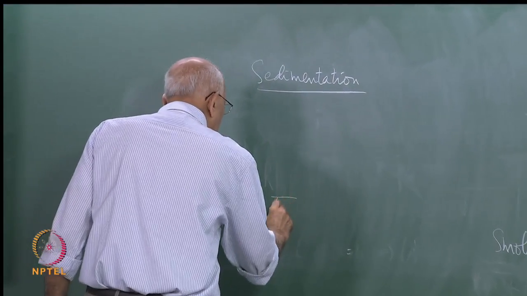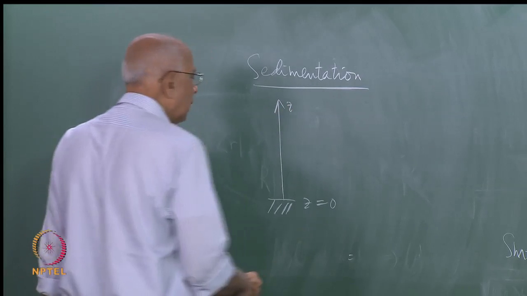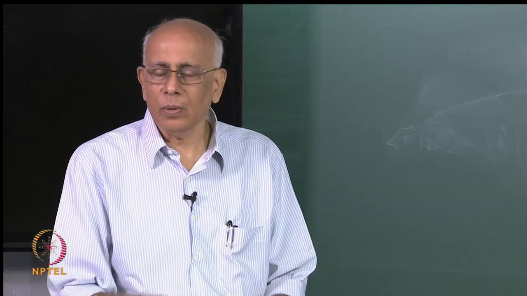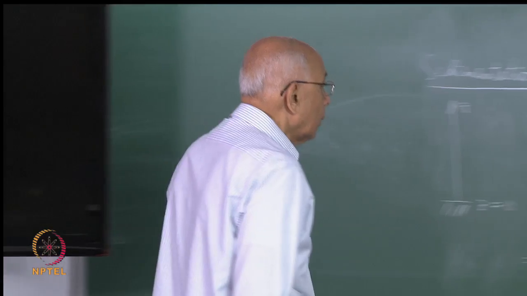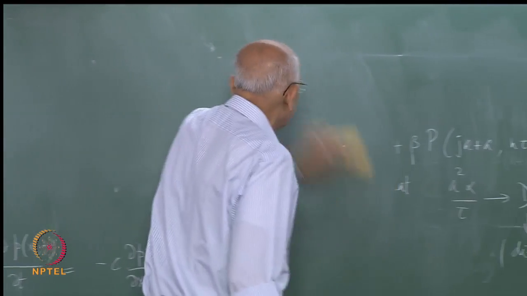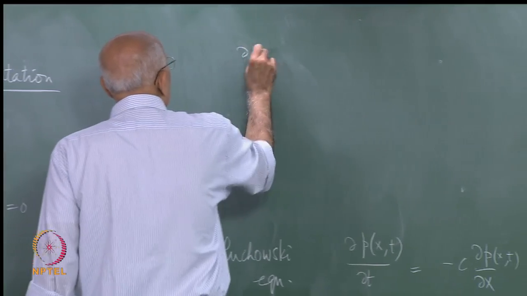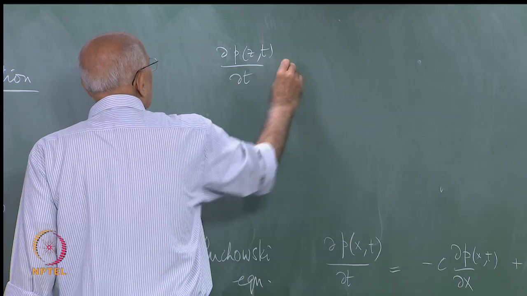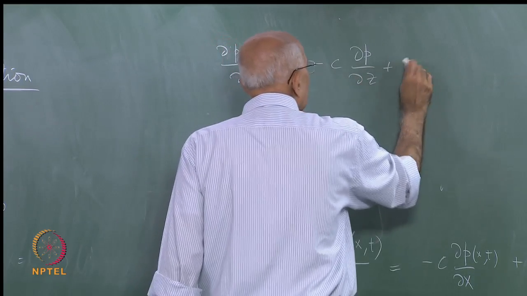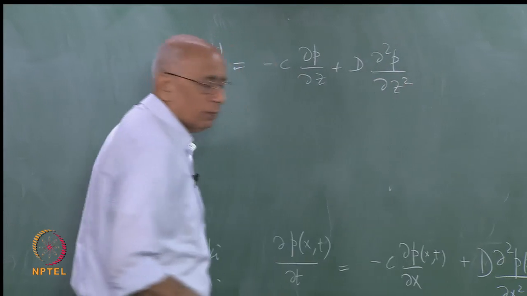And let us say you have the ground here, let us call it z equal to 0, the z axis is vertically upwards, and I would like to know what does a particle diffusing in a medium under gravity do. We are not interested in the x and y coordinates, only in the z coordinate of this particle. So it would satisfy an equation of this kind, and let us see what that equation is. So it would satisfy delta p of z comma t over delta t equal to minus c delta p over delta z plus d times d2p over dz2 in this fashion.